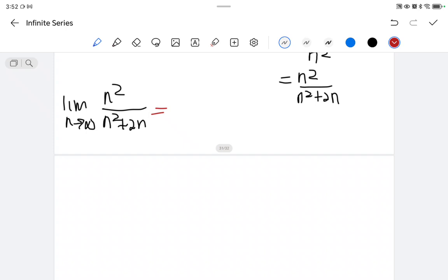If I factor out n squared from the denominator, I'll have the limit as n approaches infinity of 1 over 1 plus 2 over n. The n squared cancels, and I'm left with 2 over n. And this will be 1, because 2 over n goes to 0. So now we get 1.